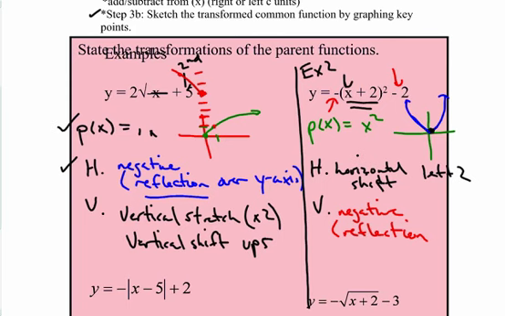Because of that, we have a reflection where the y values will change to their opposites. So all my positives will be negatives, my negatives will be positive. So that negative gives us a reflection over the x-axis.